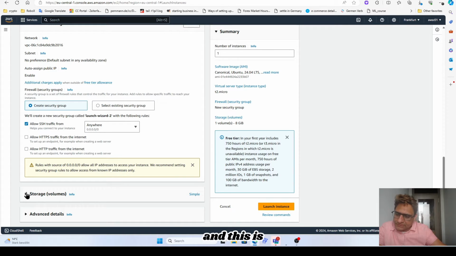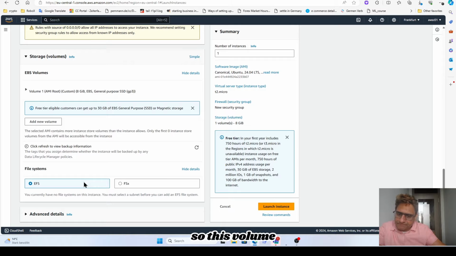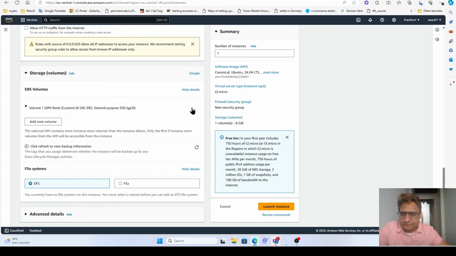And this is the storage volume detail, right? So this volume saves your data always, regardless of whether you terminate your instance or not. And you can also launch without this storage system as well.